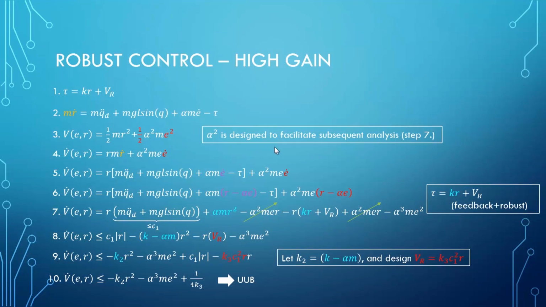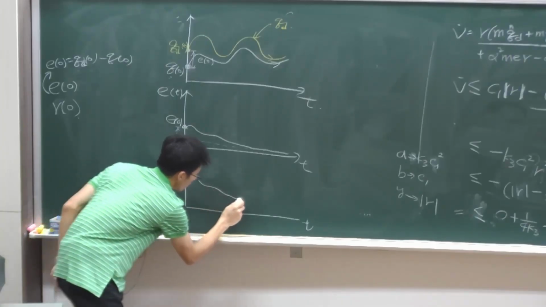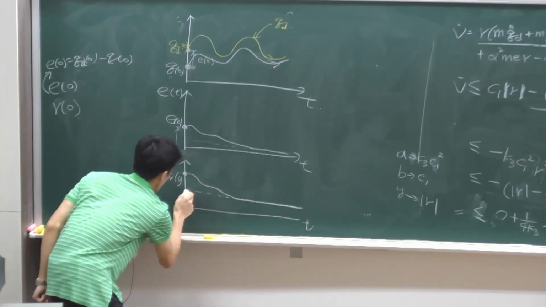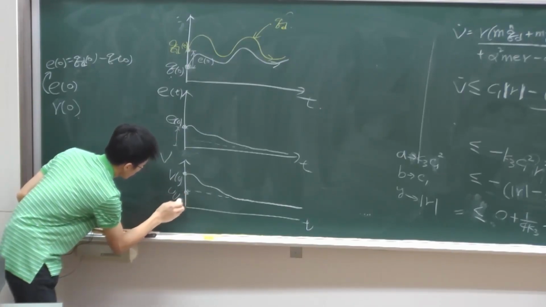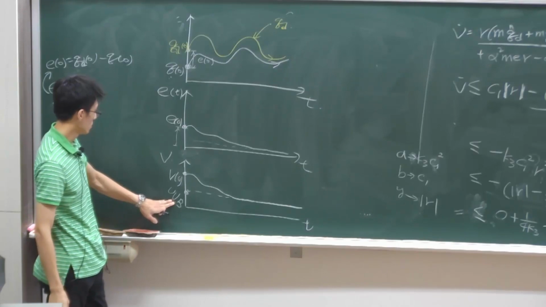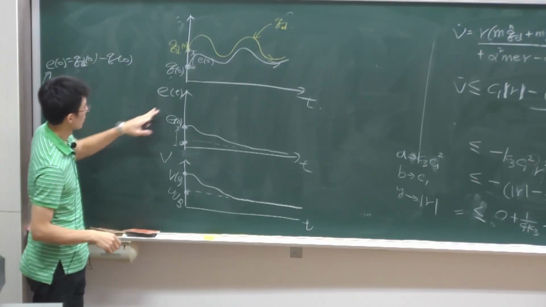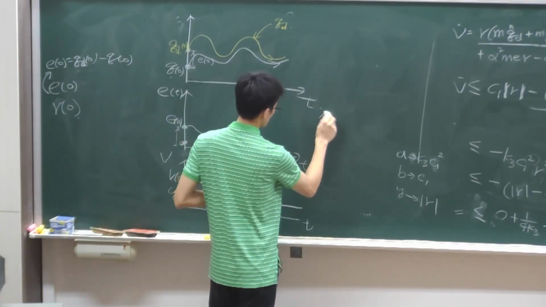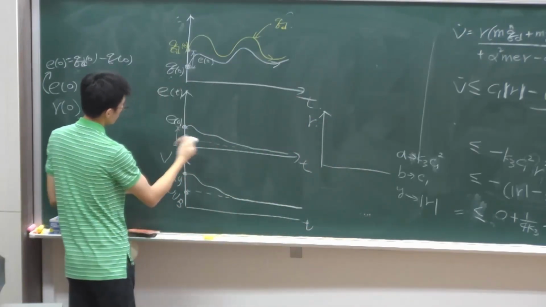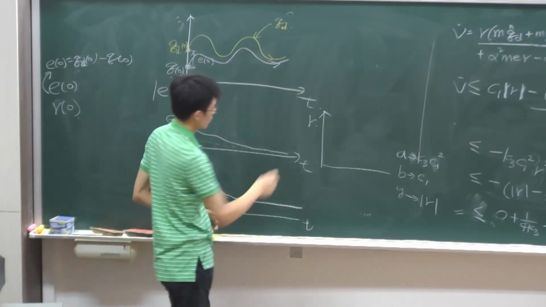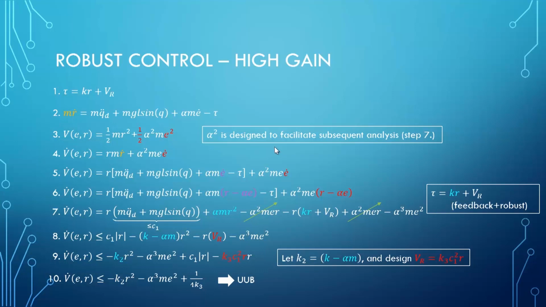Because V0 is from here and it will be UUB, and this UUB value determines what this is, because there is a relation between E and R. E could be -2, so I should put an absolute value, because it's square here, square here, square here.